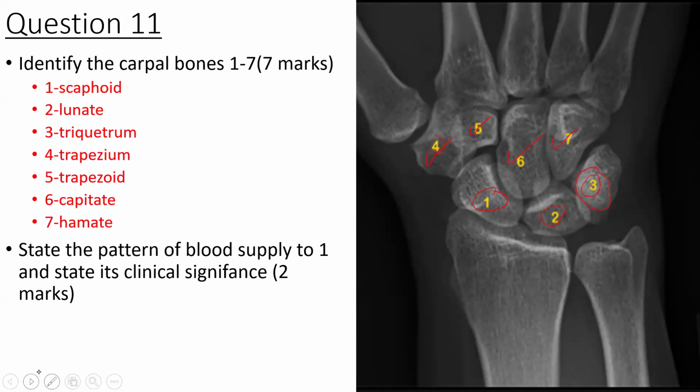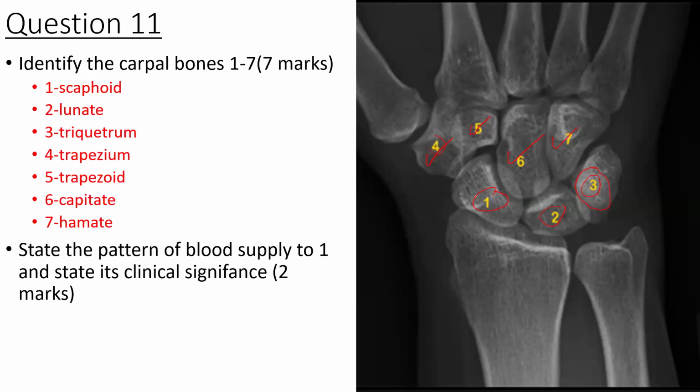You will be tested. What is the pattern of blood supply to the scaphoid? Retrograde. They have even mentioned avascular necrosis. Let me ask you another question. Which bone of the lower limb has a retrograde supply also?